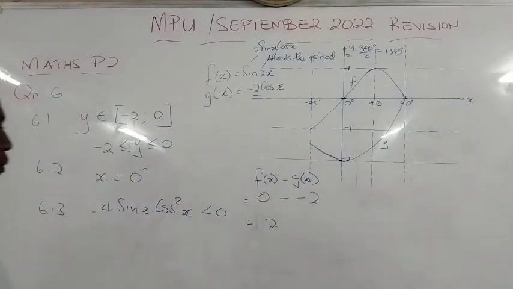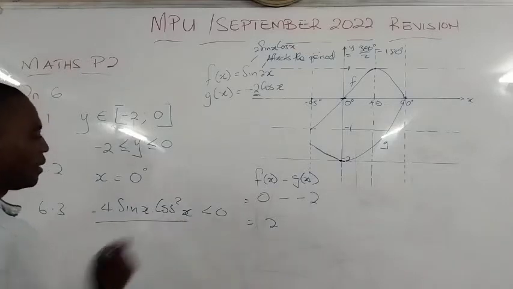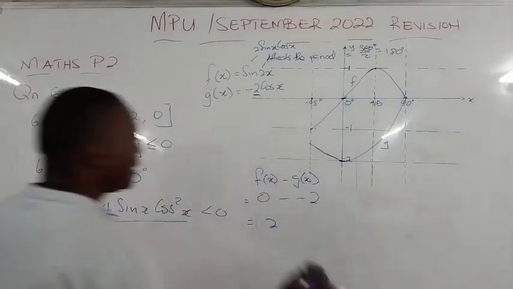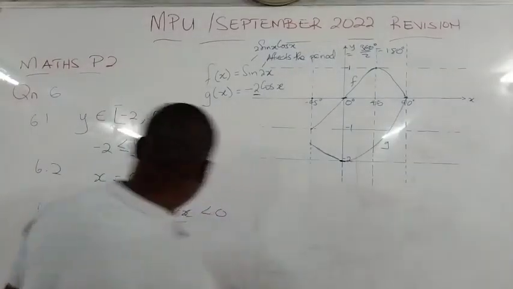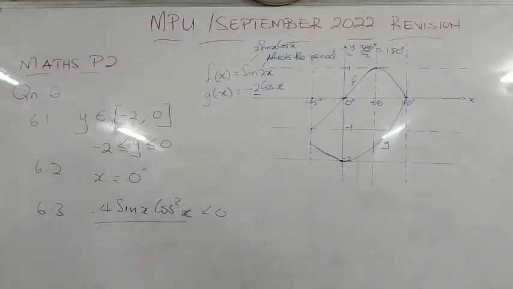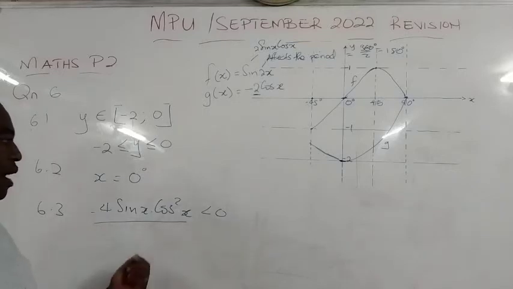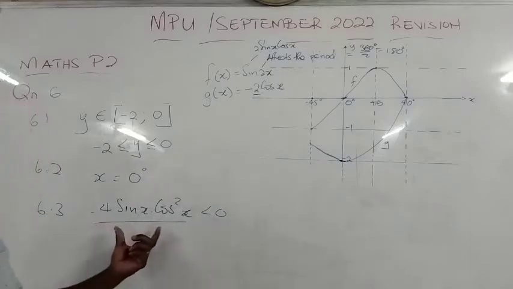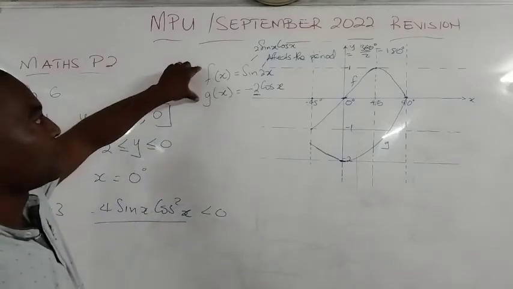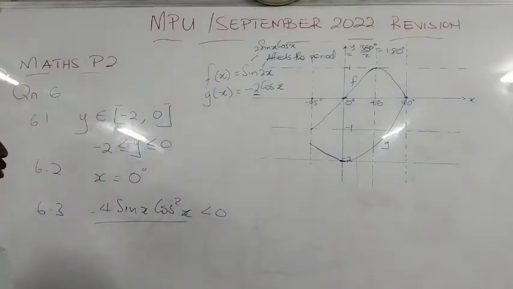Now, on this question, the examiner has hidden our functions in this. So that is a question of a higher order, which needs problem solving skills. You need to link this to the functions that you have.